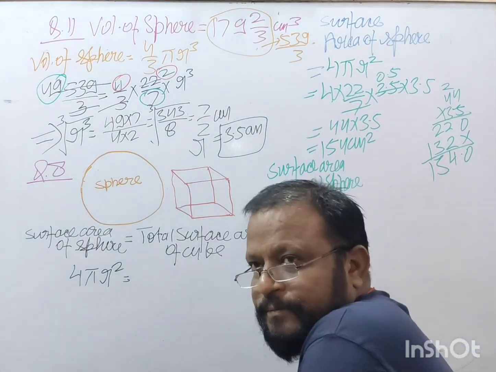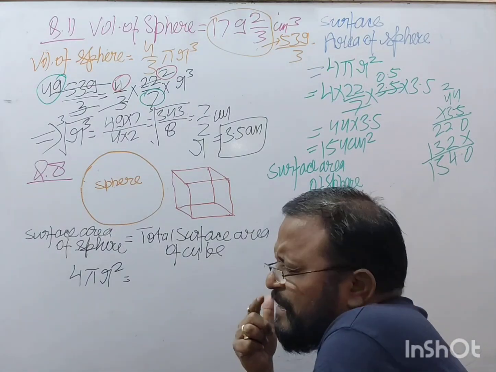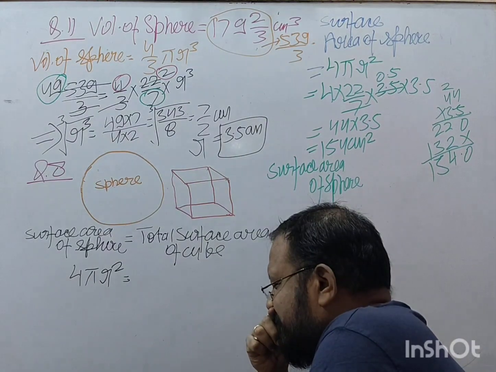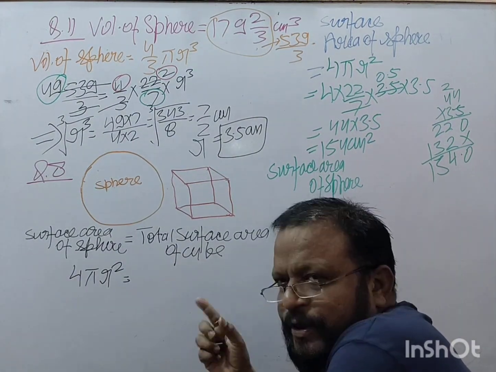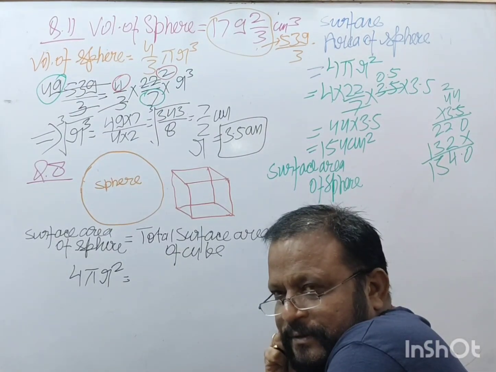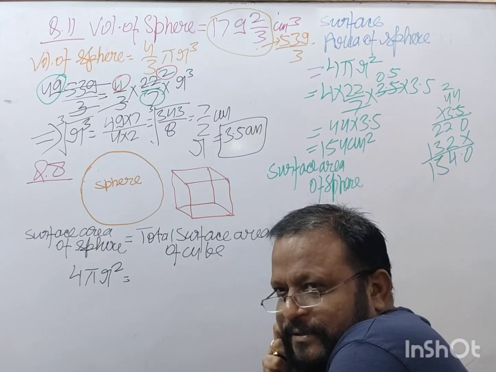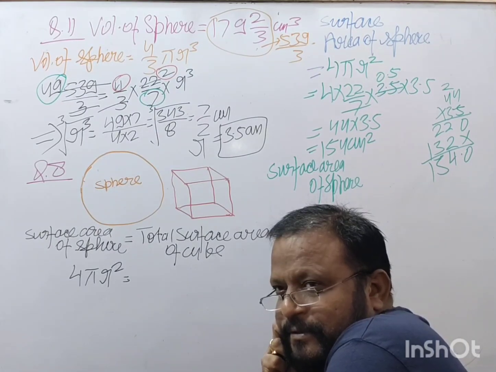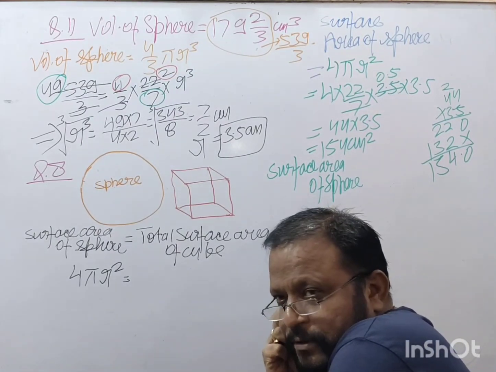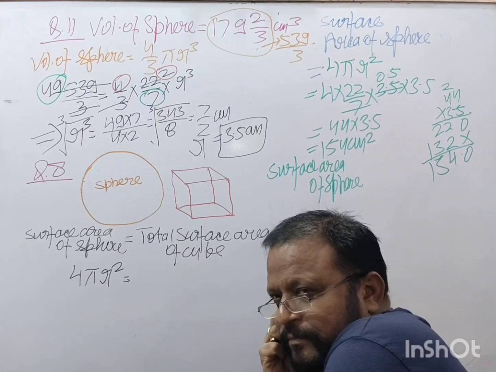Ratio of their volume is... You said they both are having same surface area, same surface means same surface area. Then what do you want? Show that the ratio of the volume of sphere to that of cube is √6:√pi.